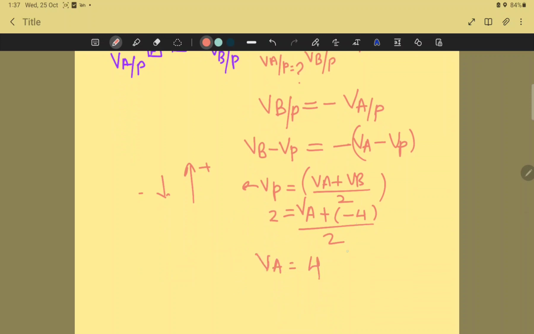So 4 equals Va minus 4, so Va looks like 4 minus 4, and ultimately the velocity of A comes out to be 0 meter per second.